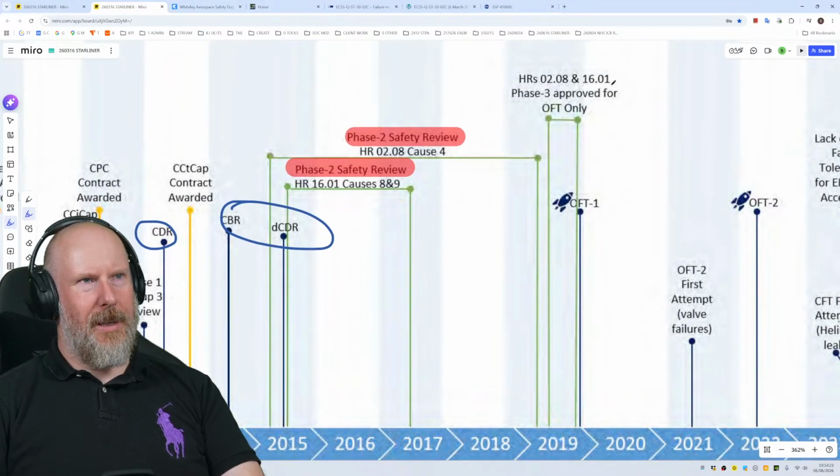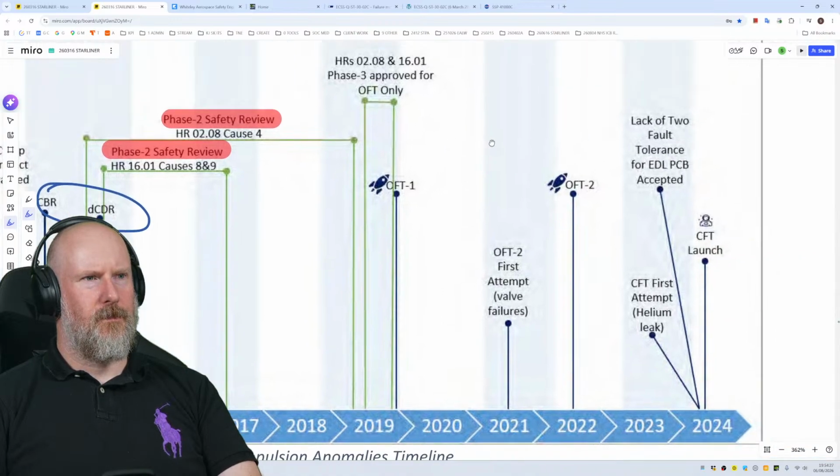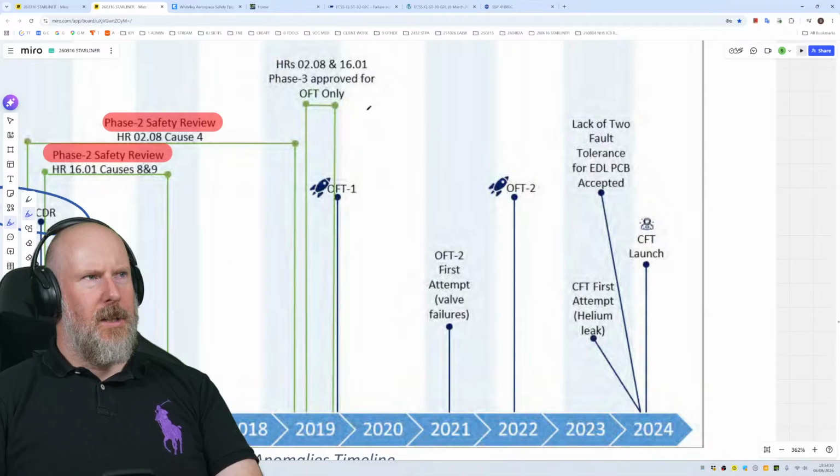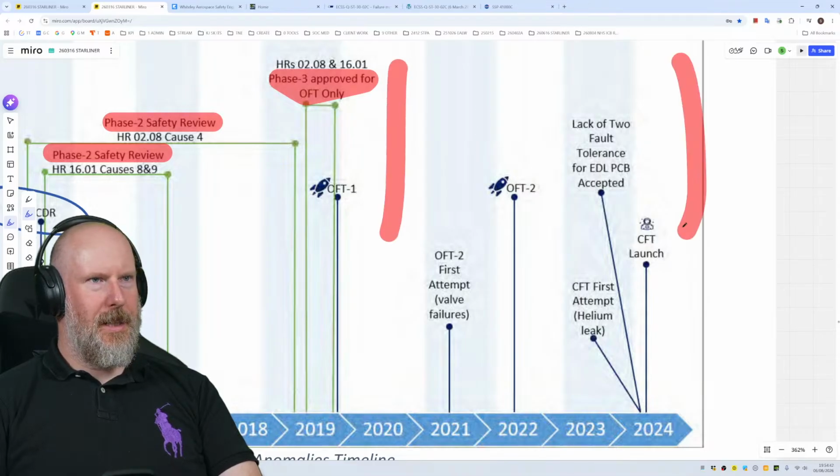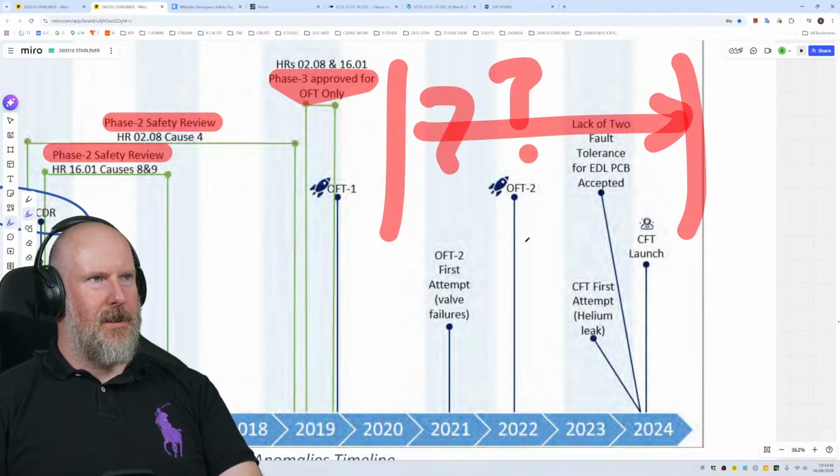HR's 208-1601 phase 3 approved for OFT only. So if it was approved for OFT only, and well, what happened between here and here then?